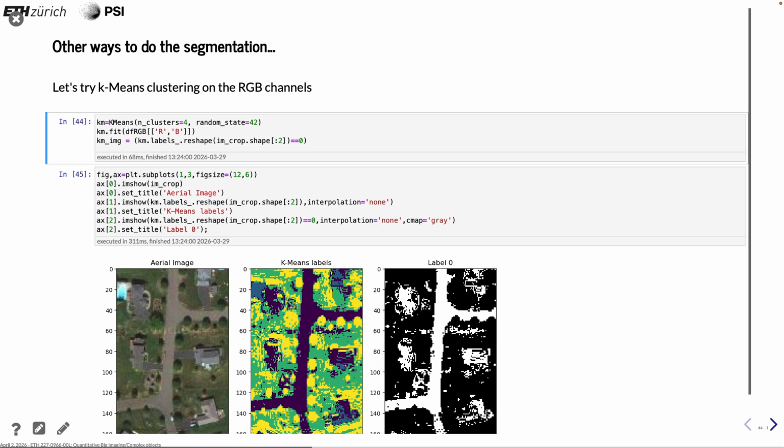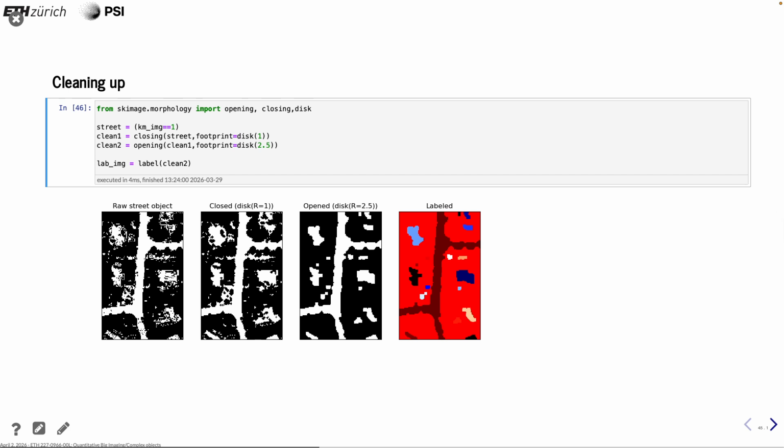And the first thing is to try using the k-means algorithm and using all three color channels. And with that, we see here we have the k-means labels, and we extract label 0, which is the street. And when we extract the street from that one and do some closing and opening, you see already that this is a much nicer segmentation.